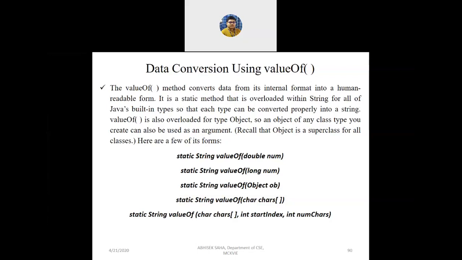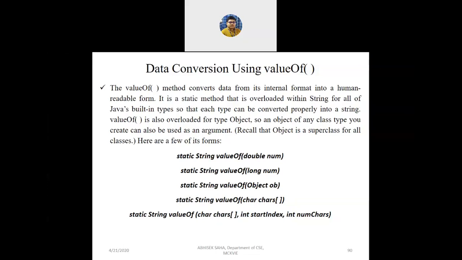And one important thing that I mentioned earlier also, that Object is a class which is basically the superclass of all the classes. So any type of object, if we pass it as a parameter of valueOf, which is not understandable by humans, or rather it is not in a human readable form, it will be converted to a string.